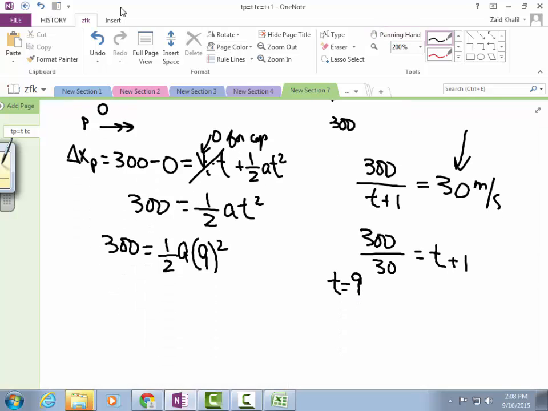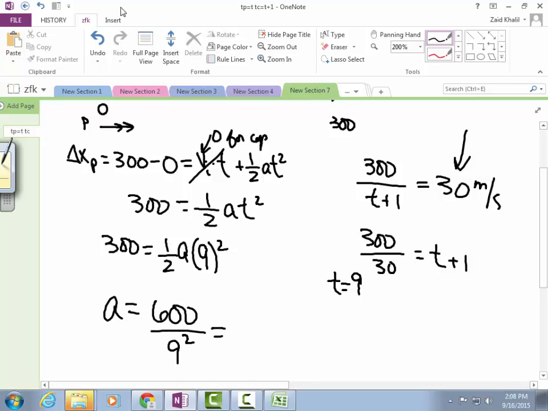It's not necessary, but it's instructive. So we get a is equal to 600 divided by 9 squared, which is 600 over 81, which is a number. 7.4 sounds about right. Questions now.